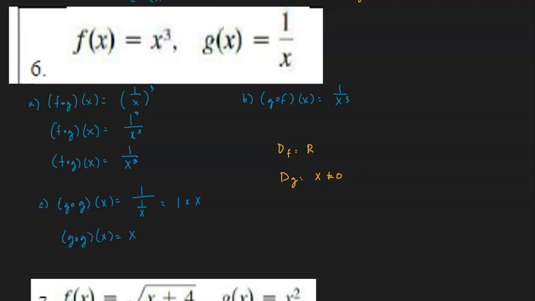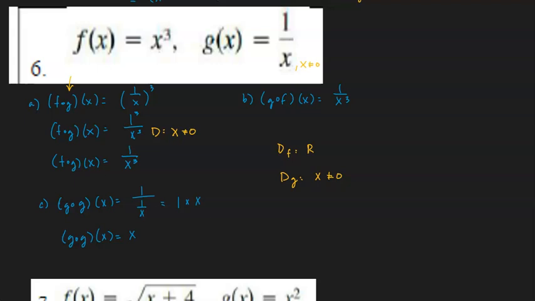Because we know that here x cannot be equal to 0. So if you look at A, where g was the input function, then what can we not input from the beginning of the composition of functions? And that is x cannot be equal to 0.